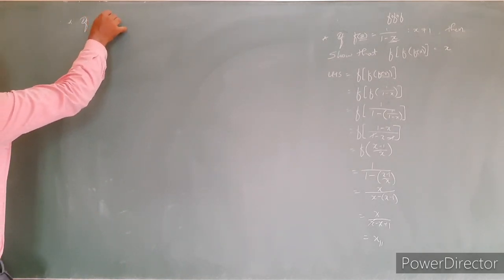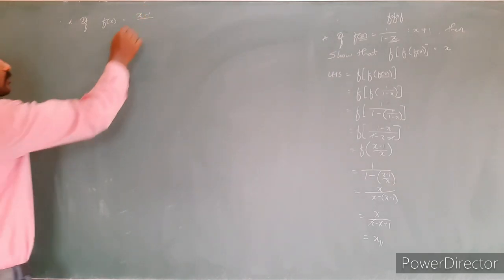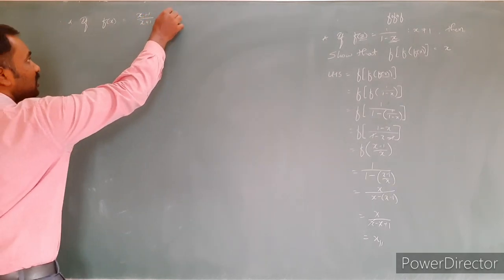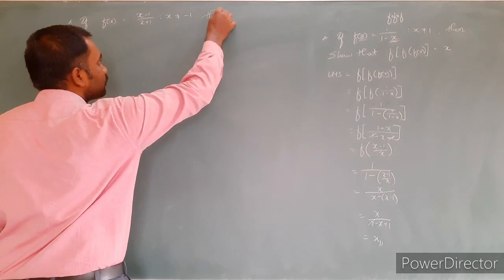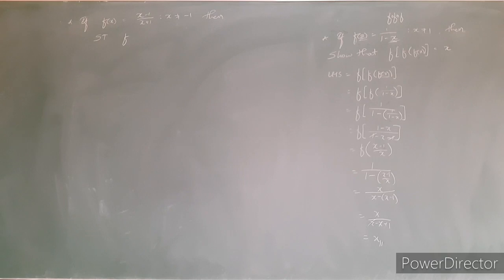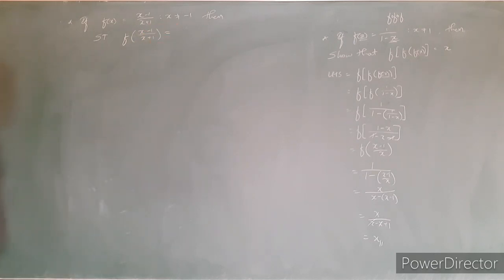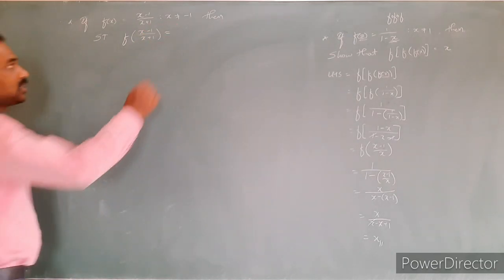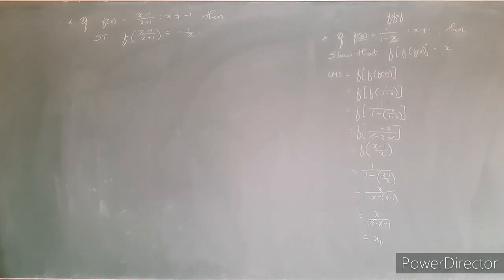If f of x is equal to x minus 1 divided by x plus 1, provided that x is not equal to minus 1, then show that f circle f of x is equal to minus 1 divided by x.